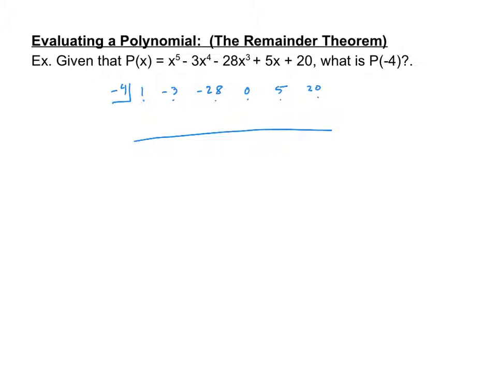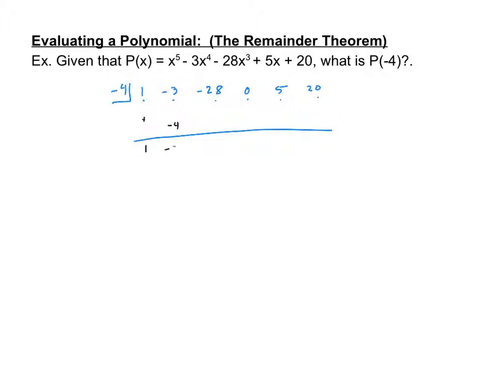As I do my synthetic division, remember we are going to add down. Multiply across, so I have 1 times negative 4 is negative 4, add down again.